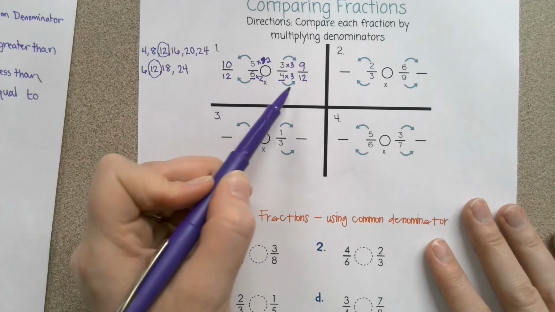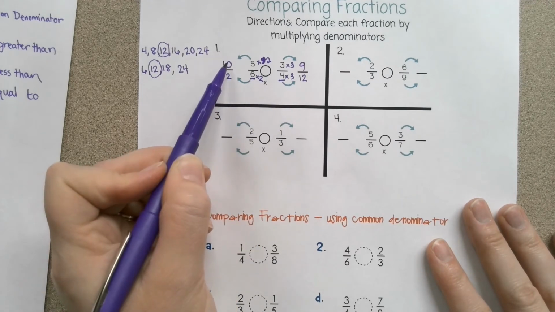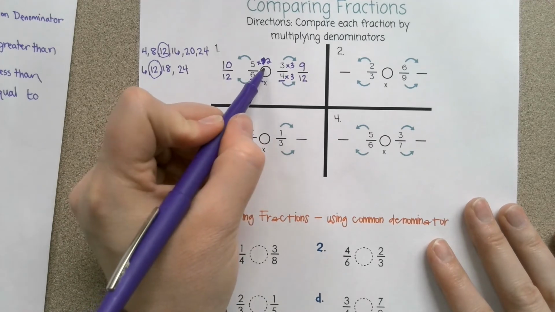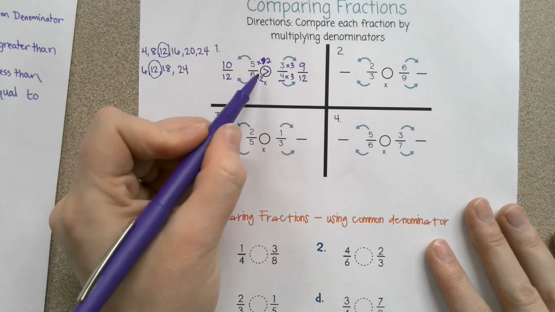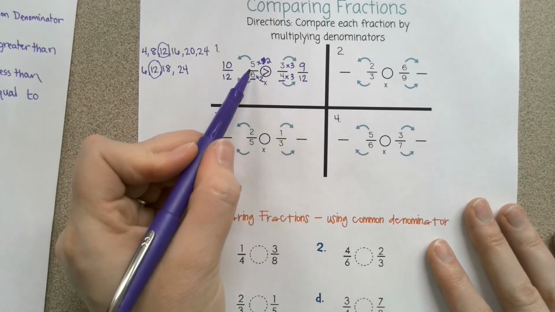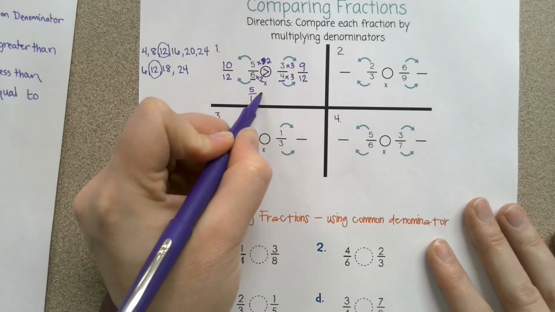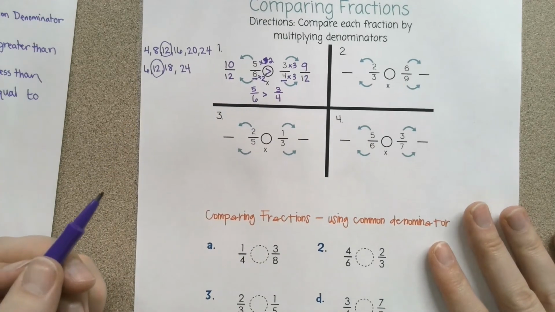Now that the denominators are the same, we can compare. 10 is greater than, it's bigger than 9, so we're going to use the greater than symbol because 10/12 is greater than 9/12, so that also means that 5/6 is greater than 3/4, our original fractions.